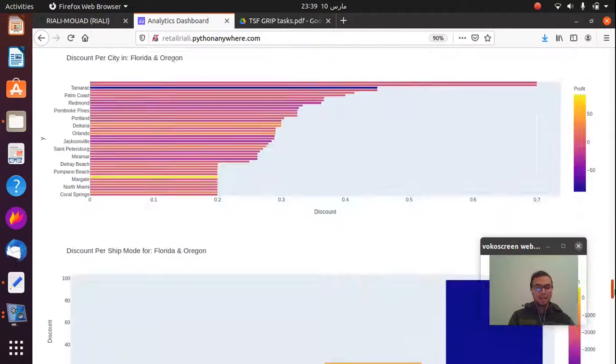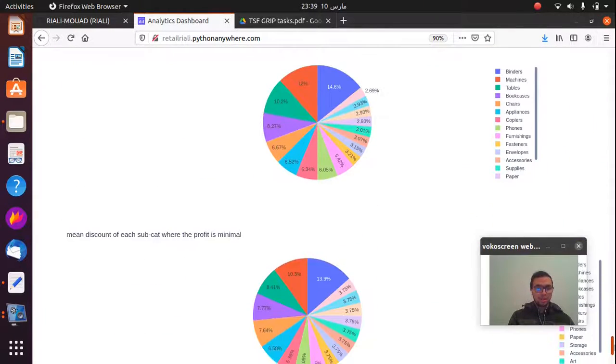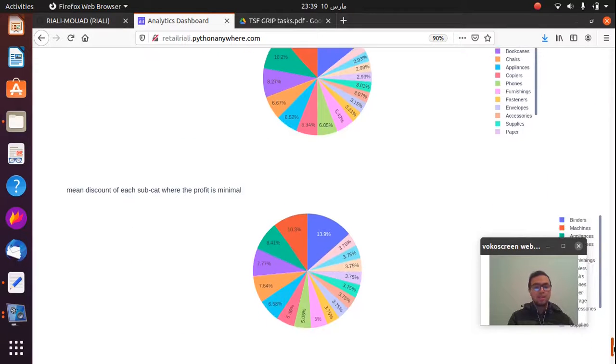We can prove this with these two plots. Here we have the mean discount for each subcategory for all states. Here the mean is 0.37. Let's take the binders as an example.